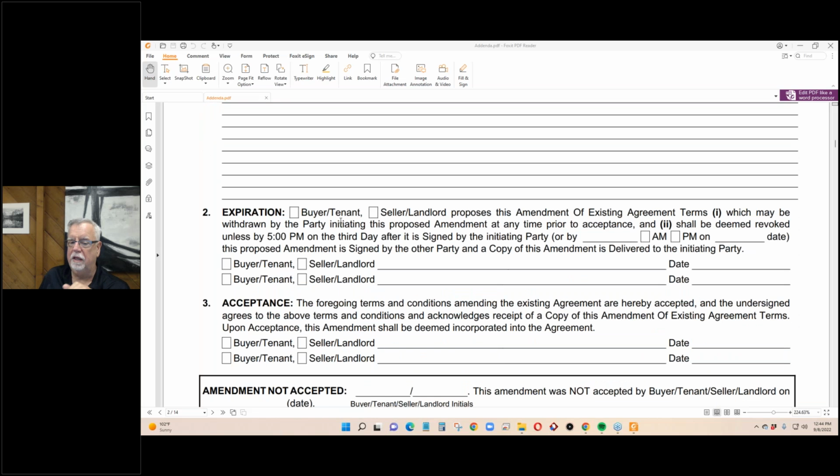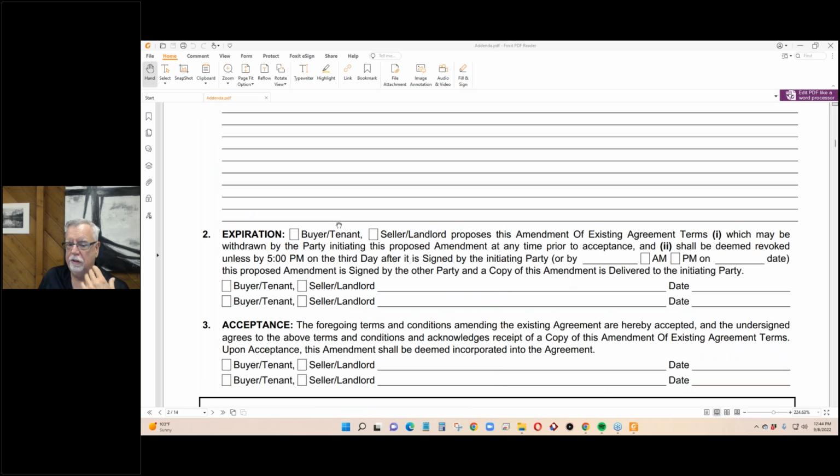Notice that the amendment is actually written like it's an offer, in that, like most offers, there's an expiration. So you could check the box, in this case it would be the buyer, proposes this amendment of existing terms, which may be withdrawn by the party initiating this proposed amendment at any time prior to acceptance.